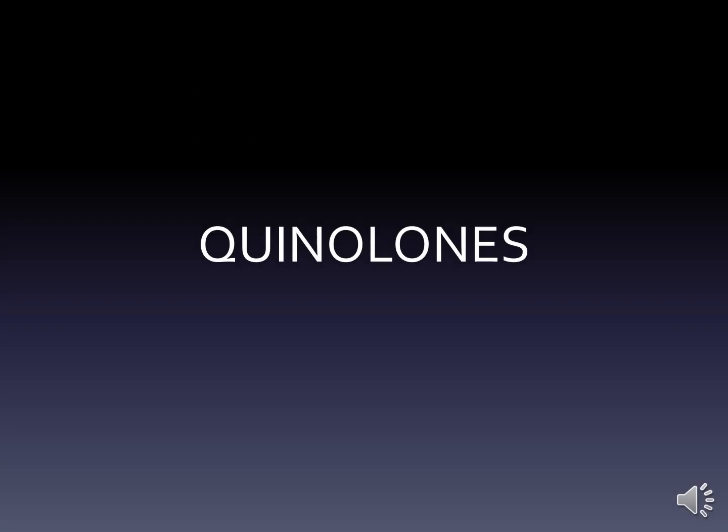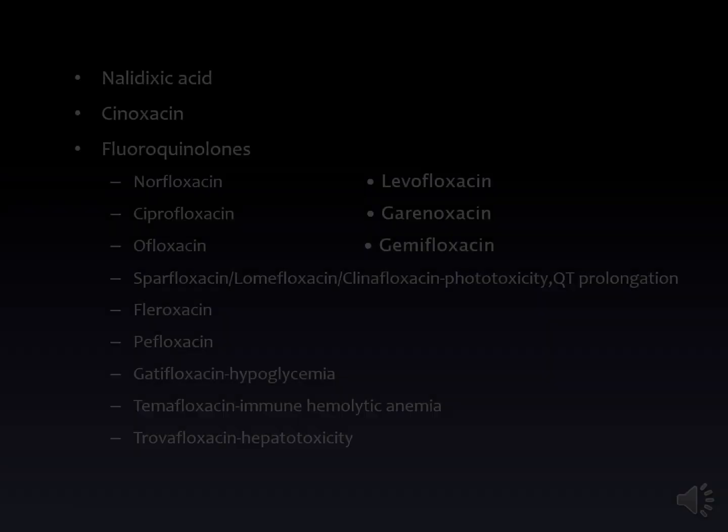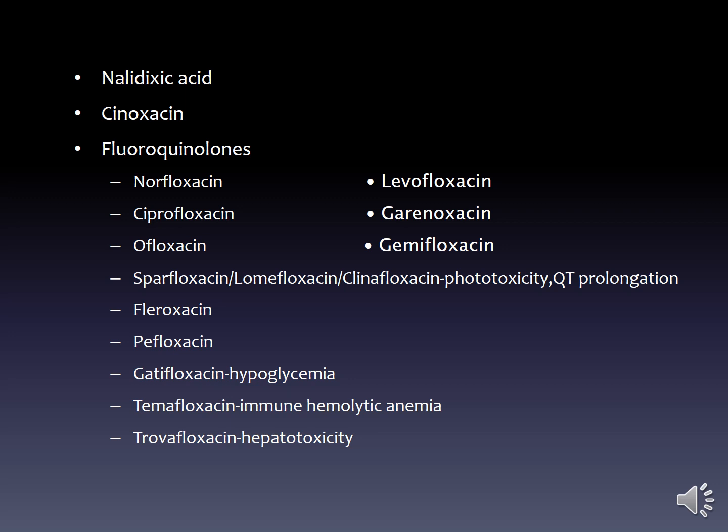Now, the second group of drugs which are commonly used for urinary tract infections are your quinolones. They are very easy to remember because usually they have the suffix floxacin. And so you have your fluoroquinolones.